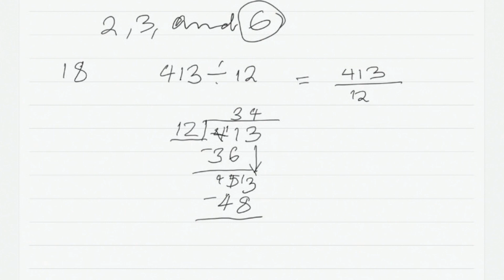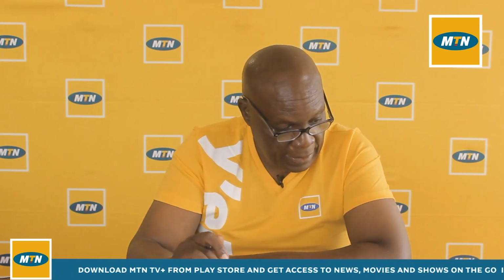You put that one next to 3, it is 13. 13 take away 8, that is 5. Meaning that when you divide 12 into 53, it will go in 4 times, and the remainder is 5, meaning the answer is 34, remainder 5. So our answer will be B.